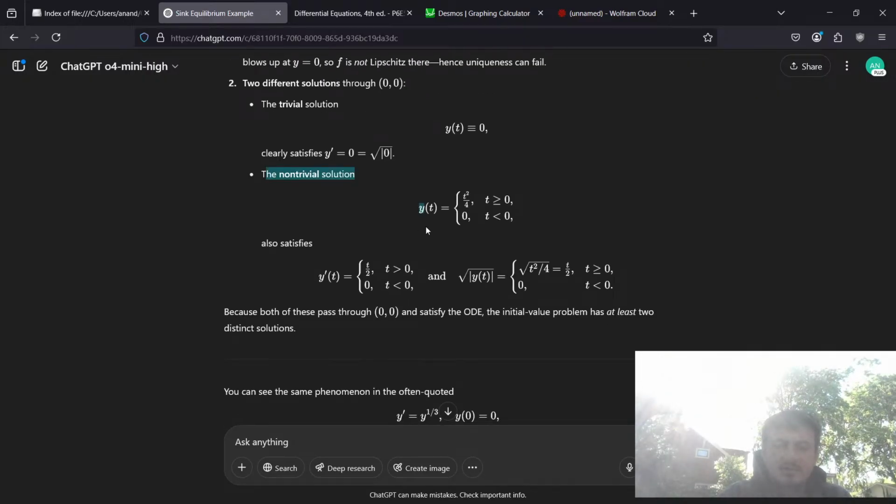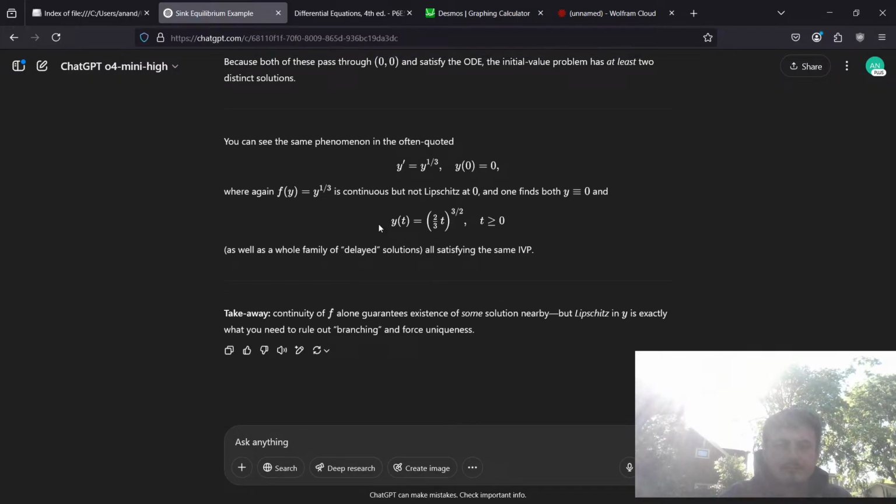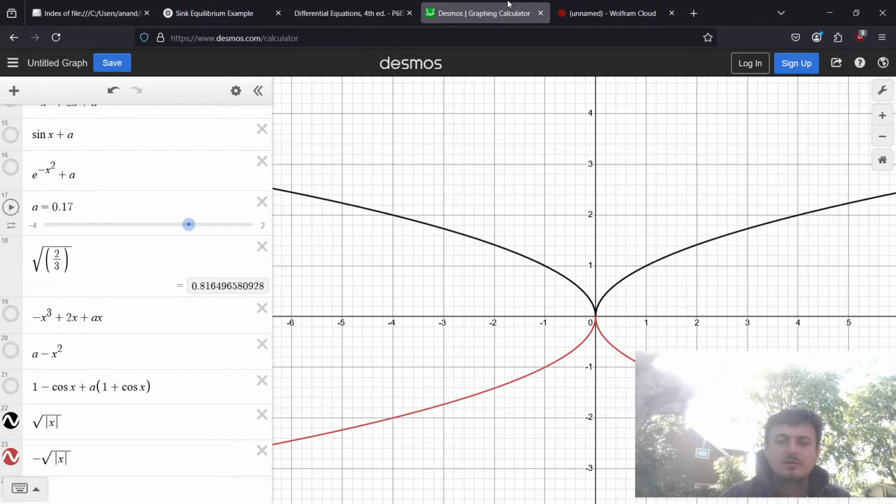The non-trivial solution is... this whole thing is weird because I forgot about the patching them together. Okay, but anyway, so this is at any time you just hop off and you go to the next. Okay.